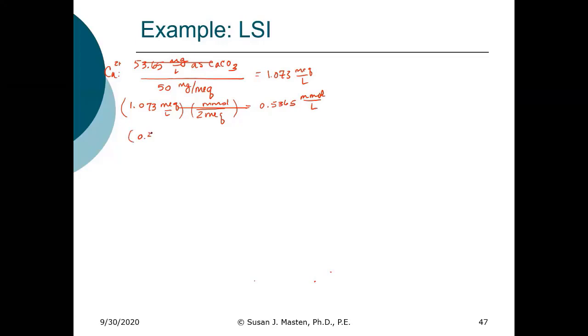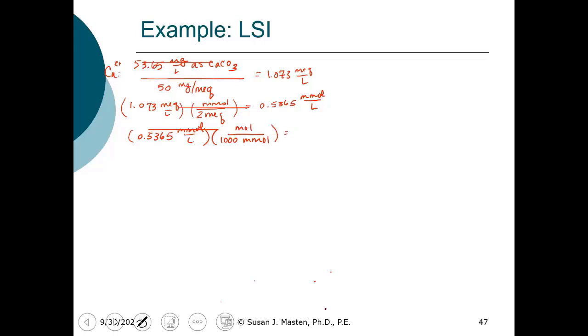And we need one last conversion, millimoles per liter, and there are 1,000 millimoles per mole, and that is 5.37 times 10 to the minus 4 molar.